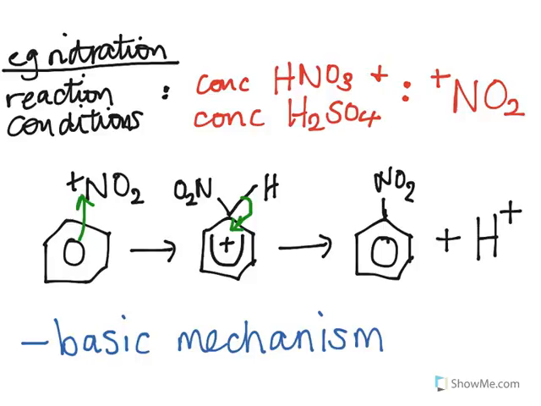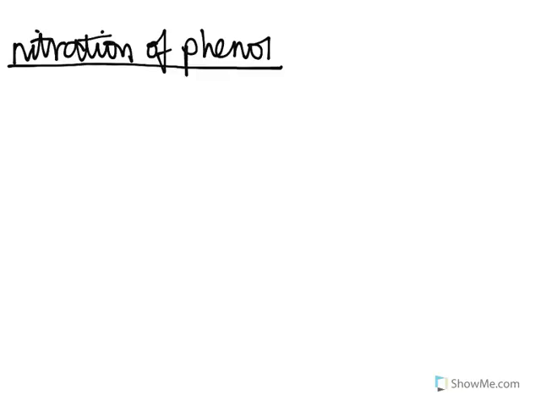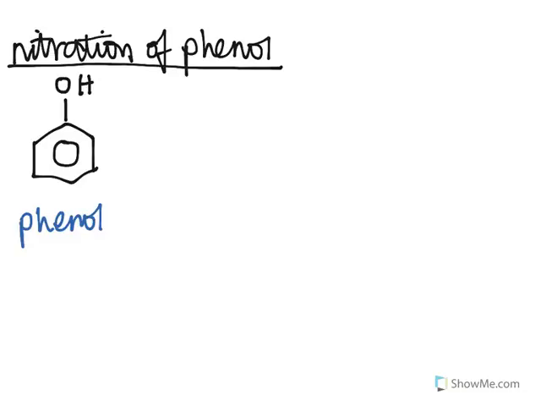But do have a look at what happens when the benzene ring is already substituted and we have a different arene. Phenol would be an example of a substituted arene that you might have studied. And here we have the structure of phenol. We find that phenols are more reactive than benzene itself.